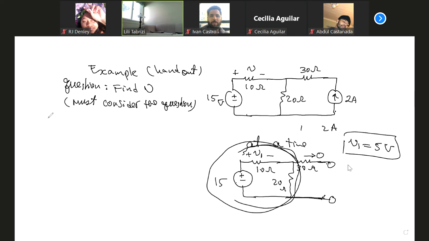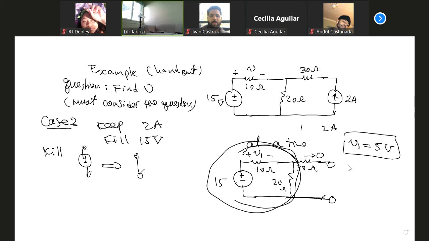Okay, now case 2. Keep 2 amp, kill 15 volts. So if you kill a voltage source, it becomes a short circuit.